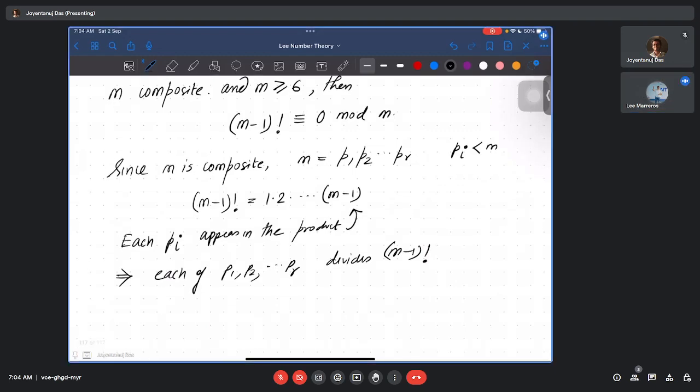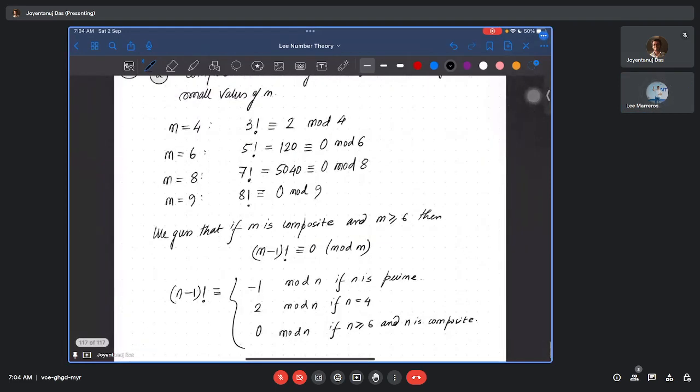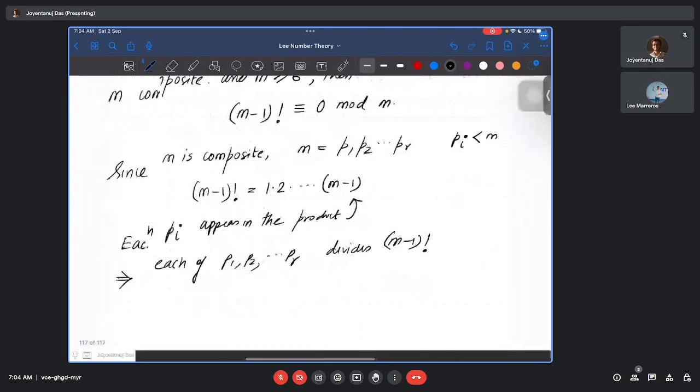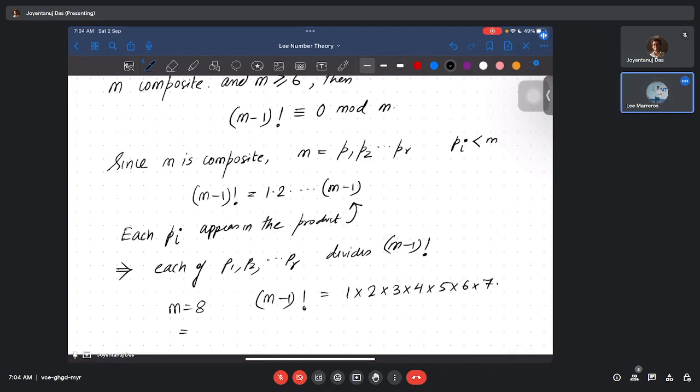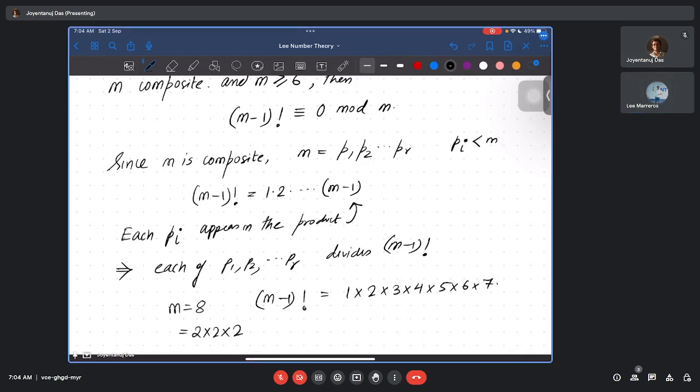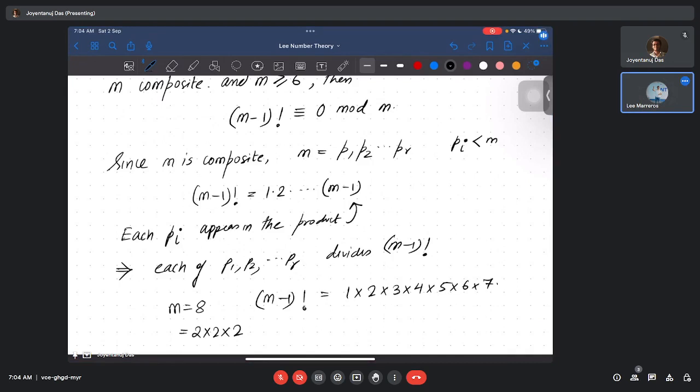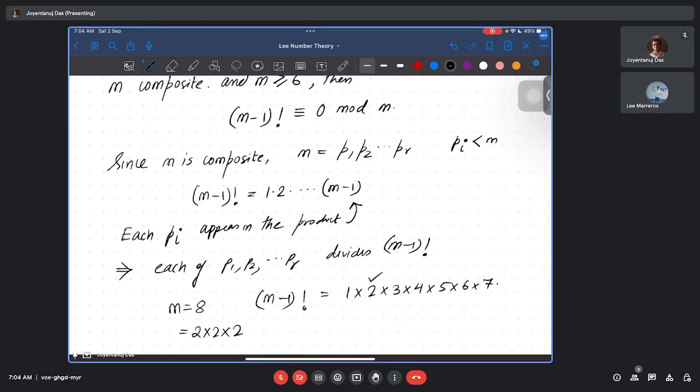Let us see an example again so that it will be clear. Let us see the case m equal to 8. If m equals 8, then m minus 1 factorial is 7 factorial, so it is 1 times, okay, let me write it down, it will be easier. Now m is 2 times 2 times 2. Here you can check that 2 is there. 2 also divides this one, 2 also divides this one.